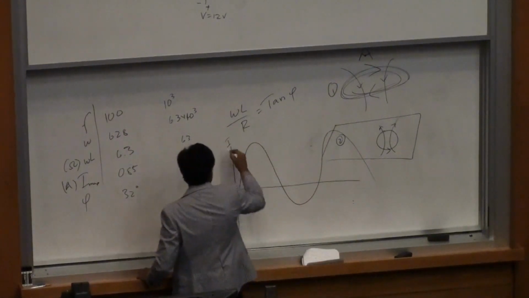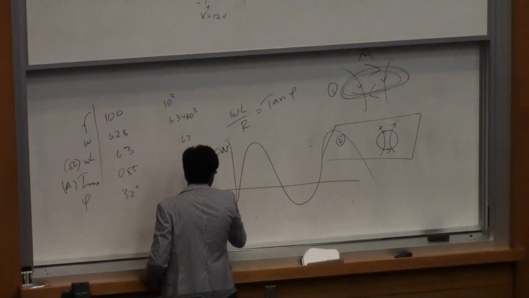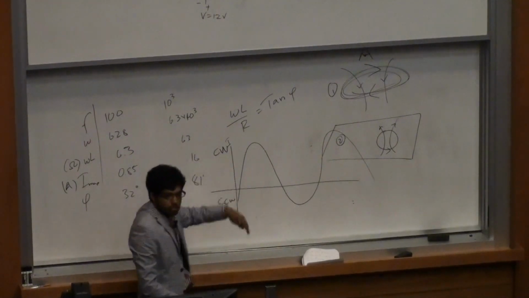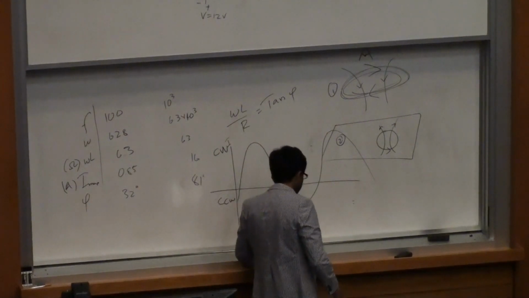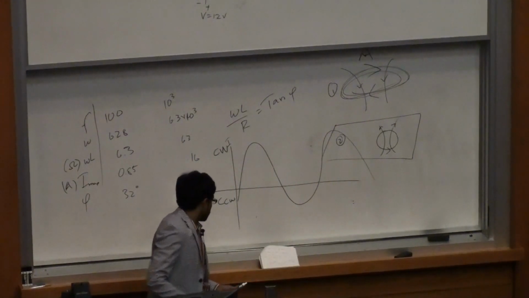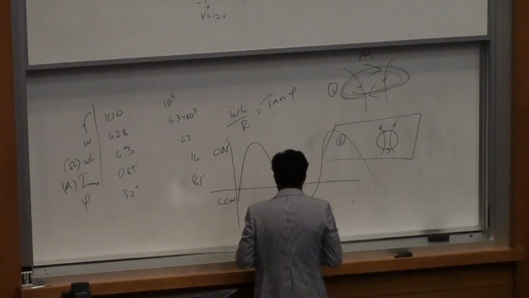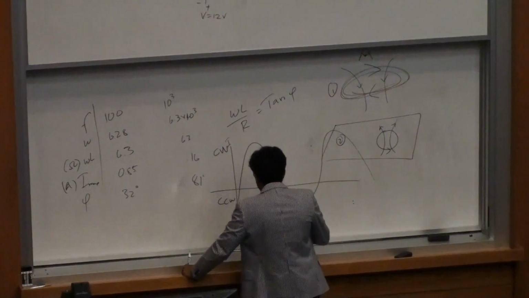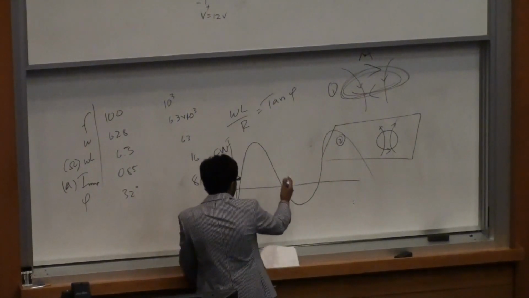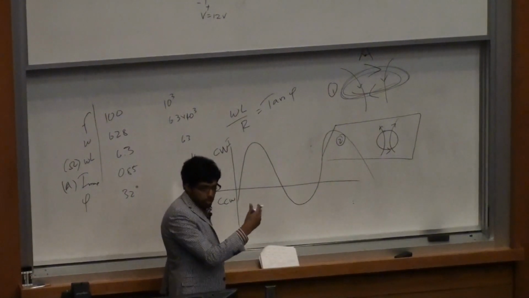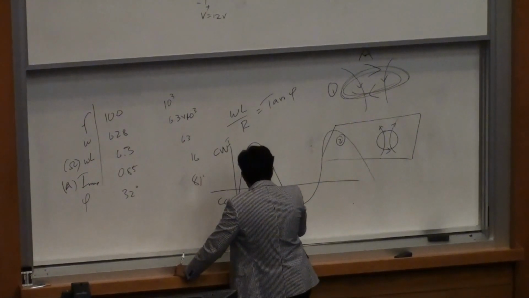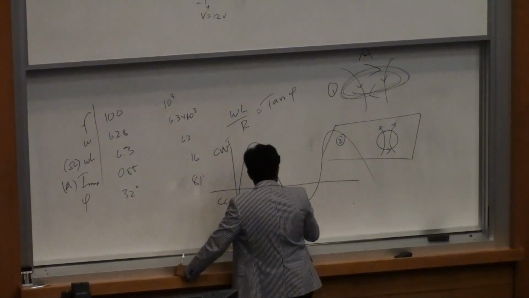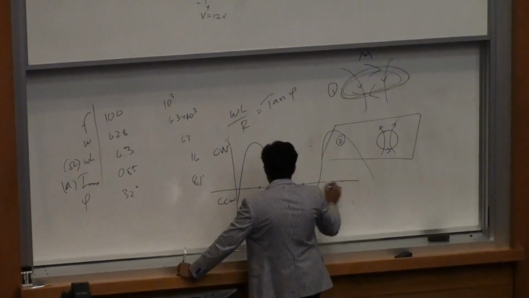I'll say that anything positive is going clockwise, and this is going counterclockwise. So it's oscillating the direction. Now the EMF induced in the conductor is going to look something like this, right? It's going to be shifted exactly by 90 degrees, because one's cosine and one's sine. So I'd have my intercept there, another intercept there, another intercept there.